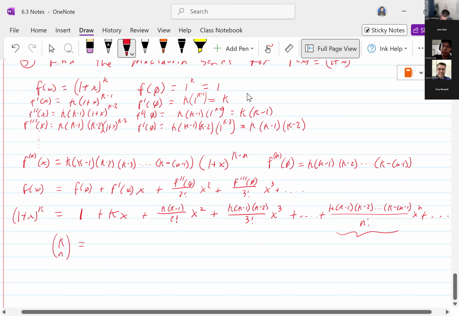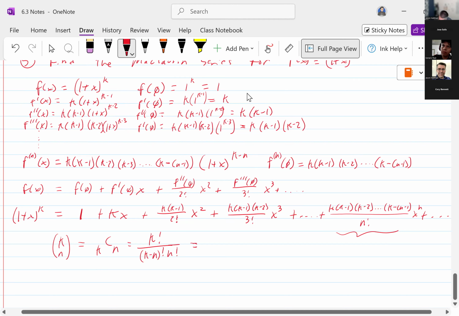This is equal to the notation k choose n, and this is k factorial over (k minus n) factorial, divided by n factorial. And this will equal the coefficient of my nth value.